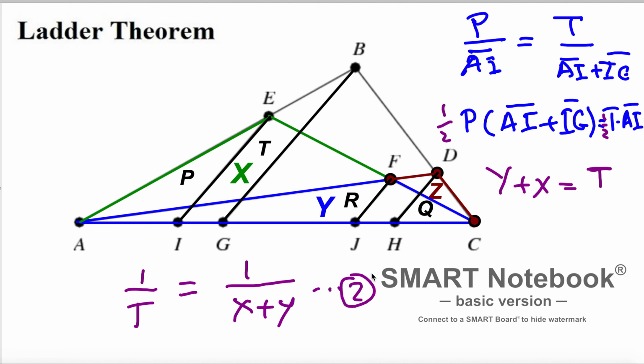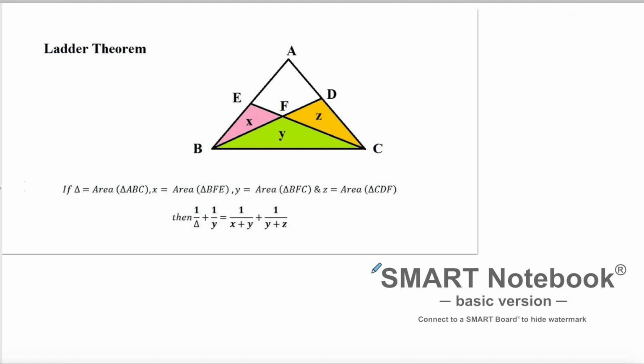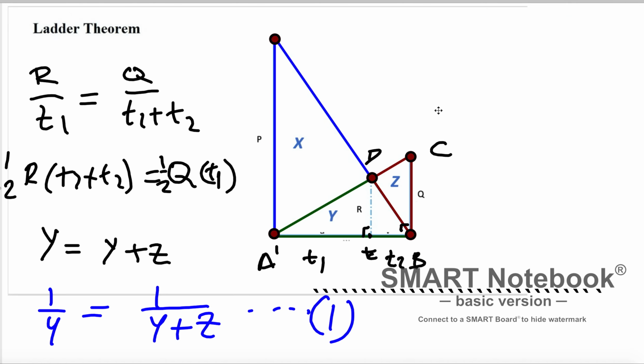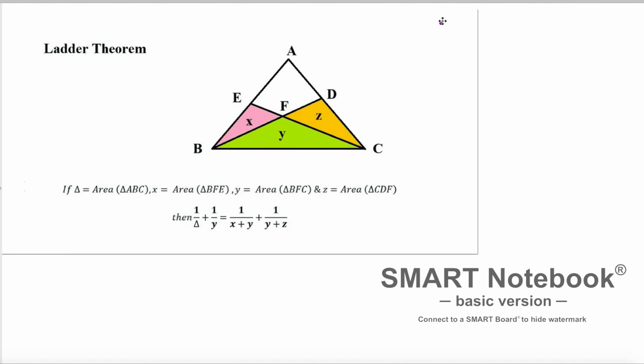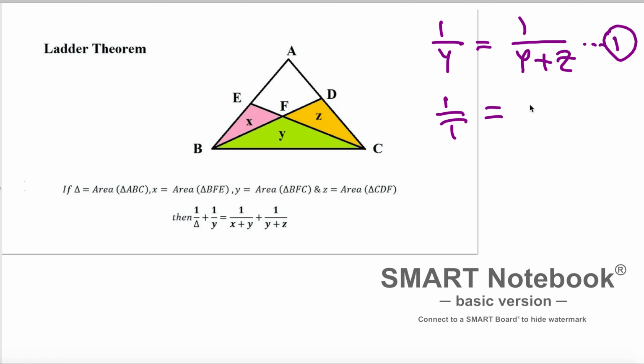And now, lastly, let's take equation 1 and equation 2. Equation 1 was 1 over y is equal to 1 over y plus z. And equation 2 was 1 over T equal to 1 over x plus y.